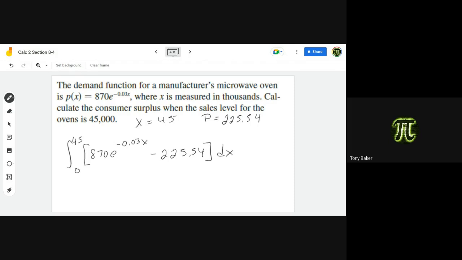Yeah. So it becomes negative 0.03 times 870 e to the x. Yeah.